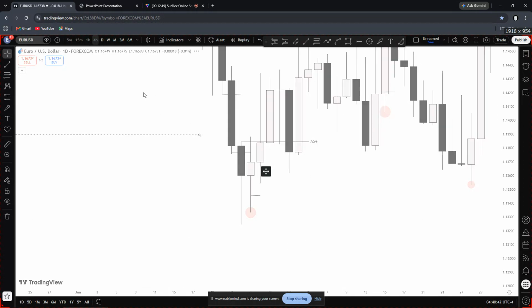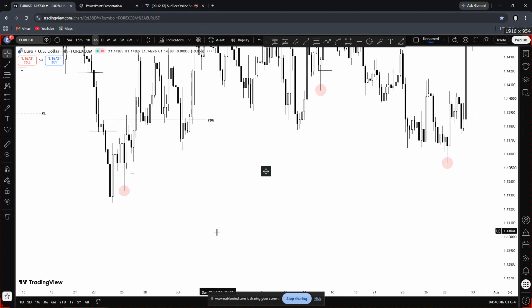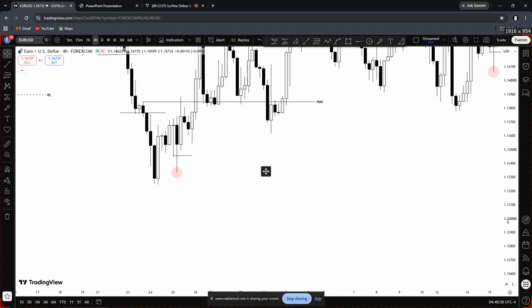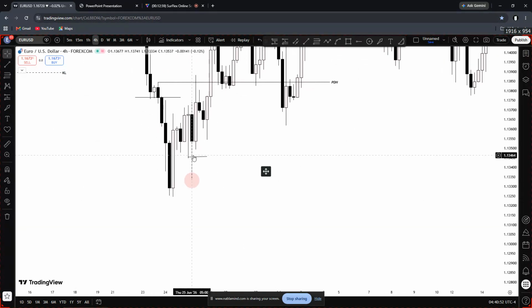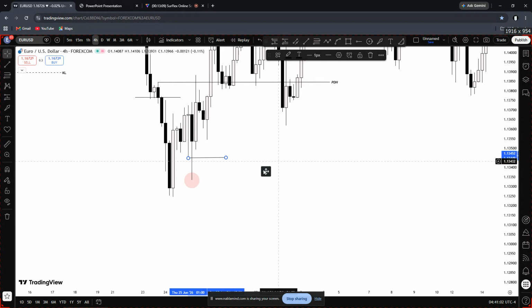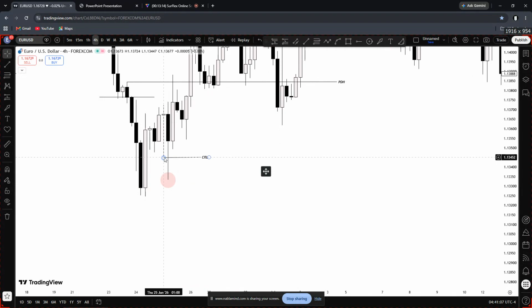Looking at the 4-hour time frame, you're going to see that price created the 1 a.m. CRT and the 9 p.m. CRT as a range. So this is the candle range low. You mark it out as a candle range low. Price took out the low of the 1 a.m. You can see here below, this is the low of the 1 a.m.